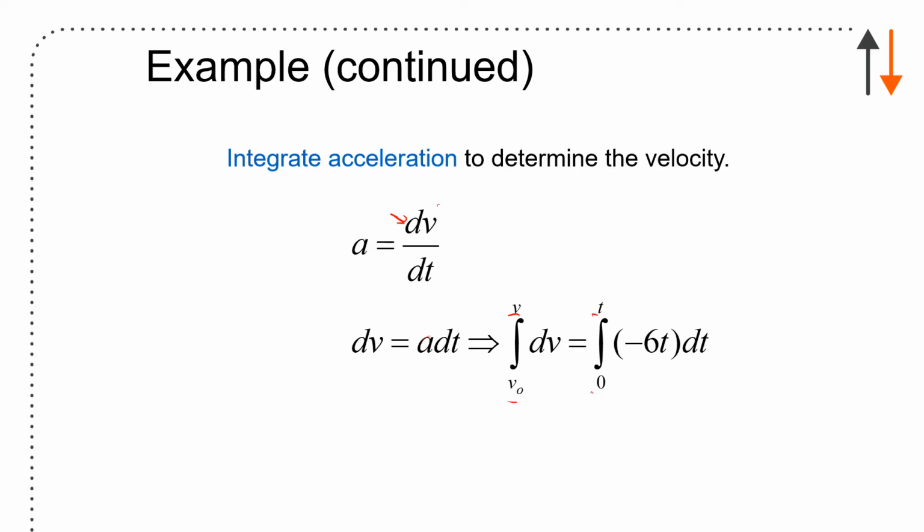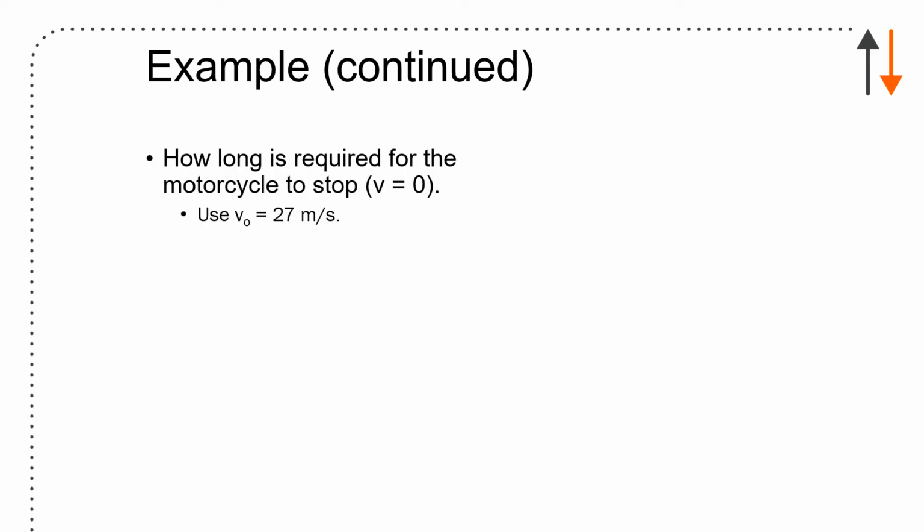I could have been a little bit cleaner and just said t naught, but generally 0 to some t. Integrate it once, v minus v naught equals minus 3t squared, or v equals v naught minus 3t squared, which kind of makes sense. The motorcycle is decelerating with time.